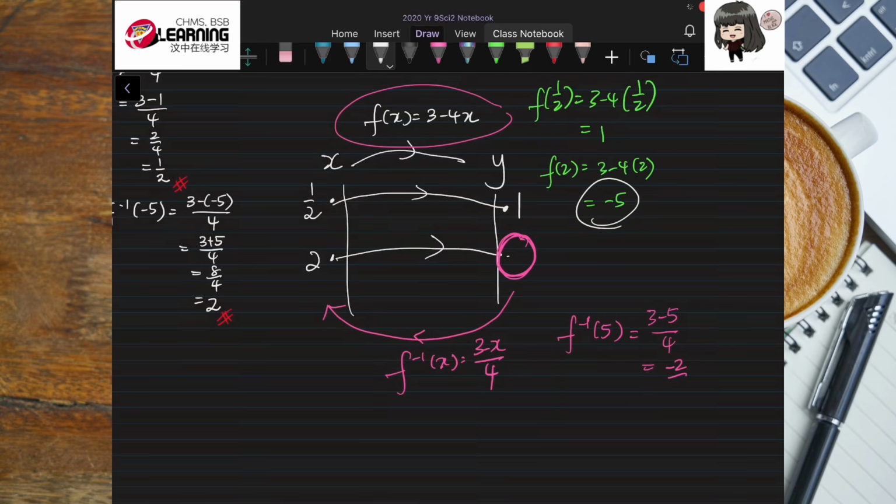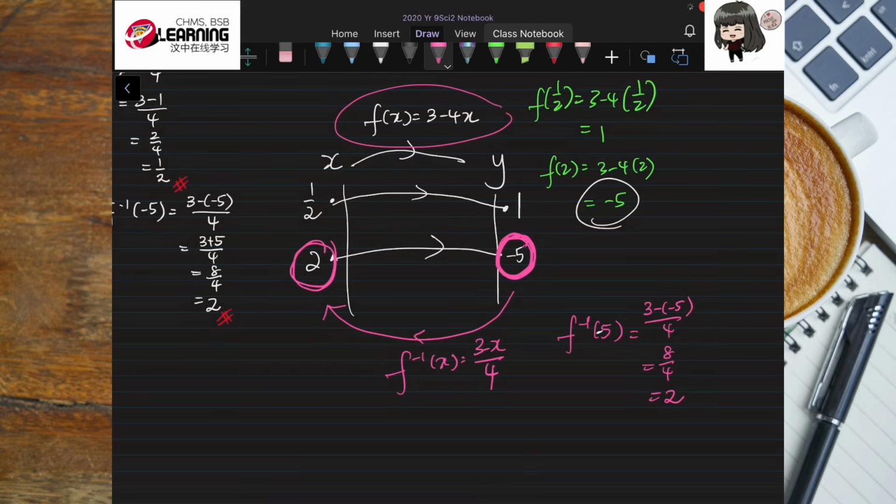It's a negative 5 here. If we sub in negative 5, this will become a positive 5. Let me write a proper one: 3 minus negative 5 over 4 becomes 8 over 4, which is 2. You see, your output just now becomes your input again, which is 2.